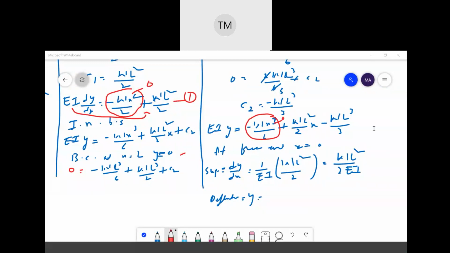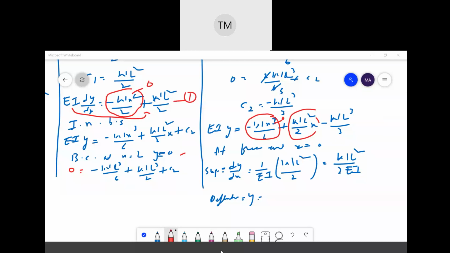Again, the next term also has an x value, that one also will become 0. This term will be 0 and here also you have x, this term will be 0. Is it clear? Then the remaining term is minus WL cube by 3.